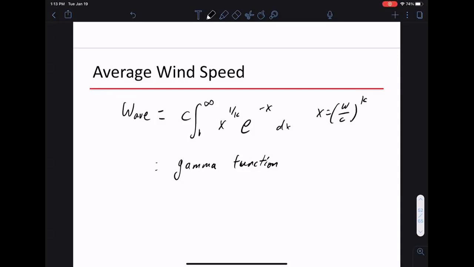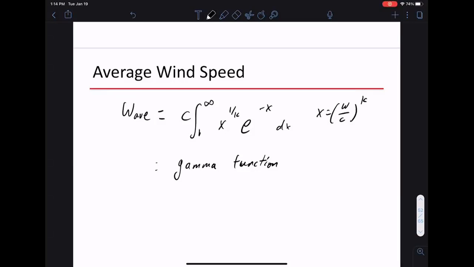So empirically, it's not straightforward to measure k and c. So if you want to use this kind of distribution, how do you convert from the data you measure, which is just speed, to the parameters of the distribution, the scale and shape parameters? That's more convoluted and more complicated to get.